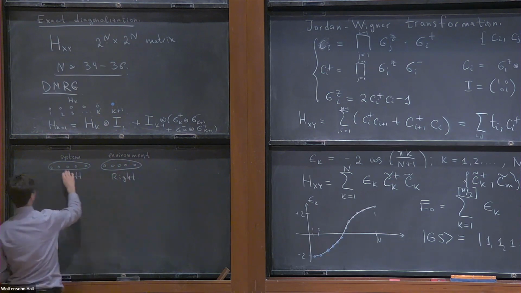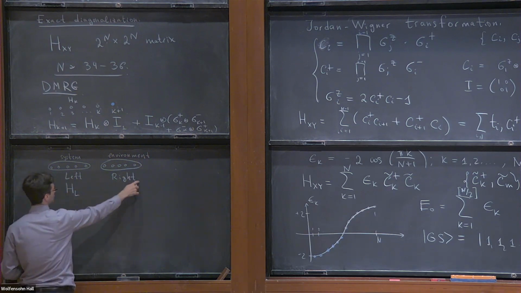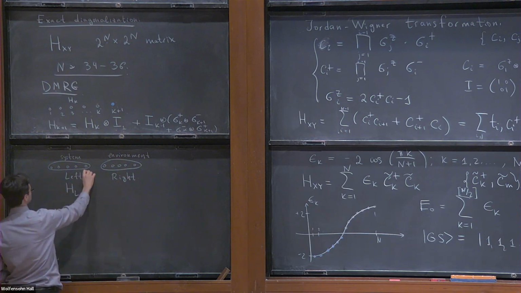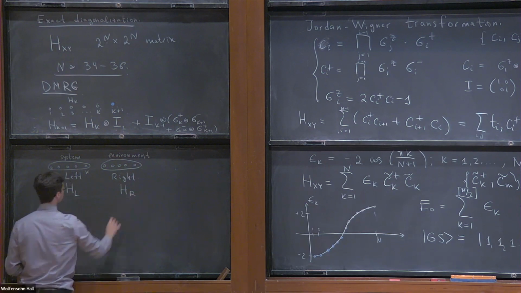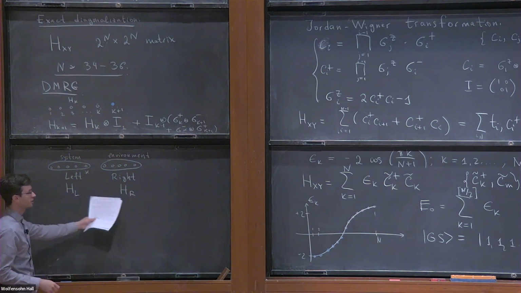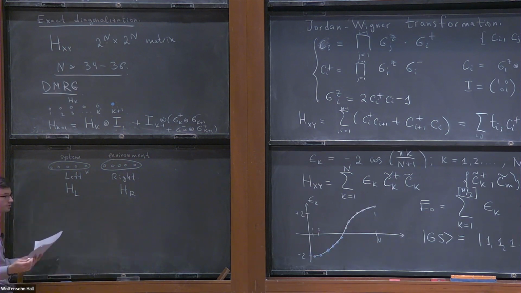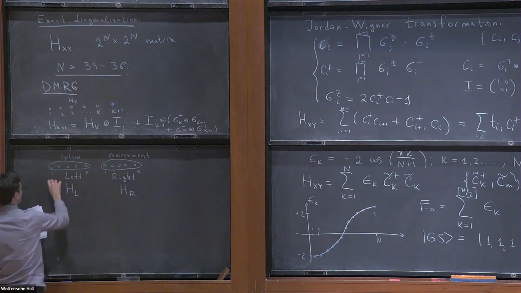And this Hamiltonian is what is called the left block or system block. This Hamiltonian, which represents this spin chain, is called the right block. And from this left and right block, we can construct a chain of 2k sites. So each of these chains is k sites.